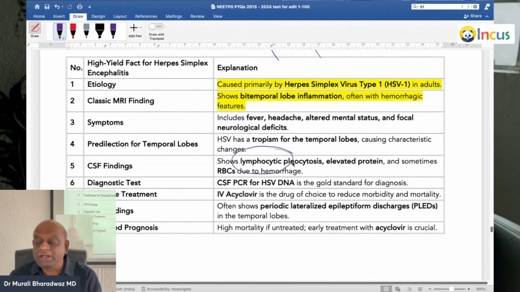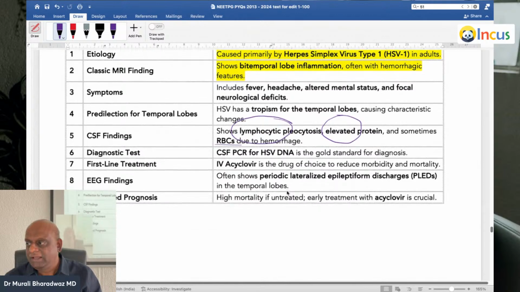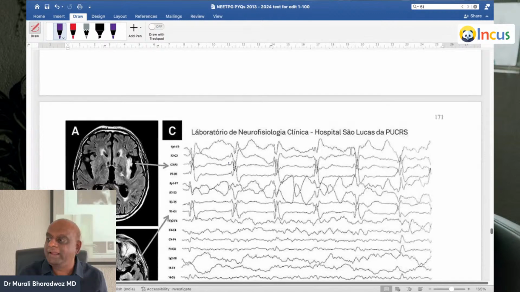It shows lymphocytic pleocytosis if you do CSF because it is viral, and bacterial meningitis leads to neutrophilic pleocytosis. Then elevated protein, sometimes RBCs, because herpes simplex can lead to hemorrhagic encephalitis. And we give IV acyclovir, which is the drug of choice to reduce the morbidity.